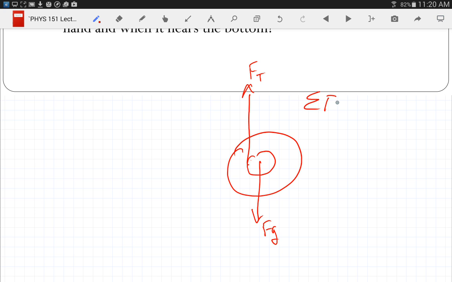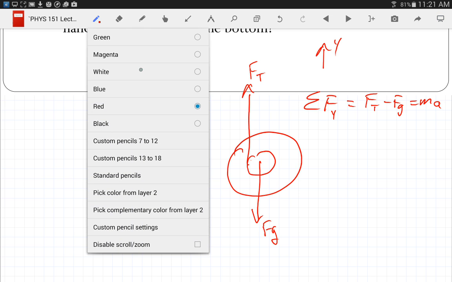If I do the sum of the forces in my vertical direction, it's force of tension minus force of gravity equals, not mg, ma. So the acceleration is not going to be g, it's going to be less than g. And the question is, how do I find that? Well, this is one dynamic equation, but it's not the only dynamic equation.